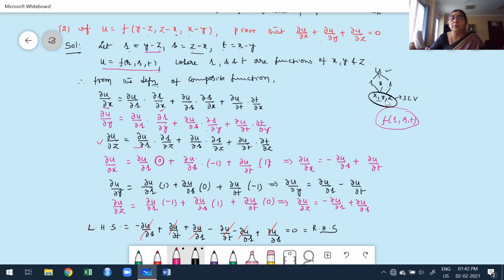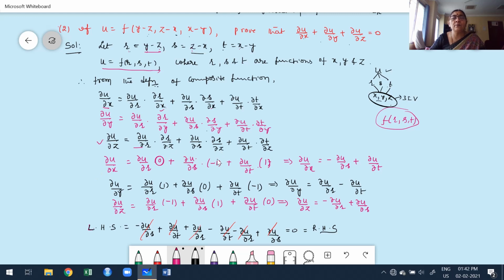Now, from the definition of the composite function only, we are going to write. You can't apply total derivative. Keep in mind, if you want to go for total derivative, you are expecting only one single independent variable. Then you write dou u by dou x, dou u by dou y, dou u by dou z using chain rule.